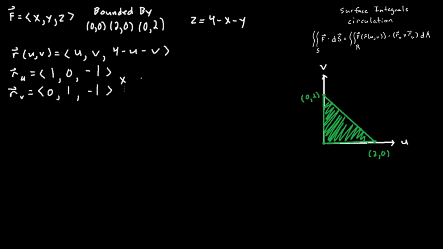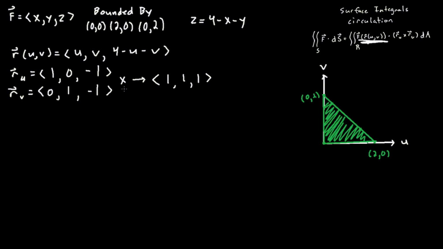If I were to find the cross product of these two, you would get 1, 1, and 1. So this is your cross product in this part of the surface integral calculation. So we found the cross product between the u partial and the v partial, and then we get this guy right here.